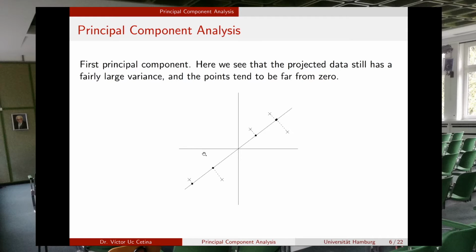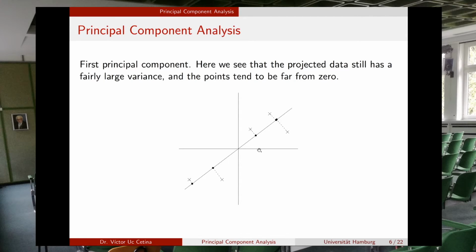And what you need to do to project the points, if you remember, is to compute the dot product of the point and the vector. The dot product is going to give a number, and this number represents the distance from the projected point to the origin. Okay.